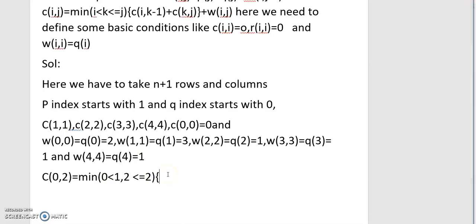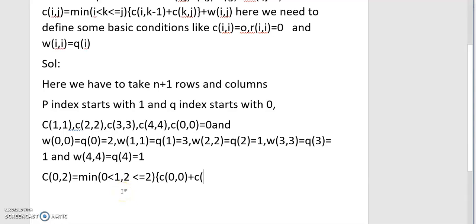After that, we need to find C of i comma k minus 1. First take 1 as the k value. I is 0, comma k minus 1 means 0, plus C of k comma j.